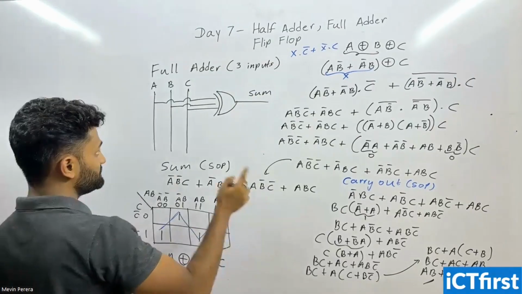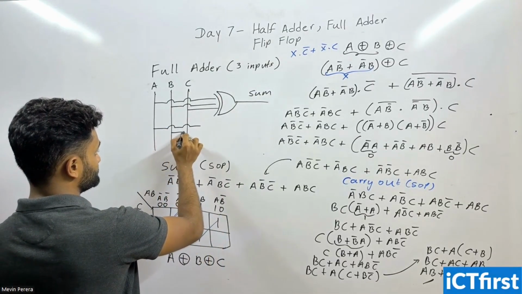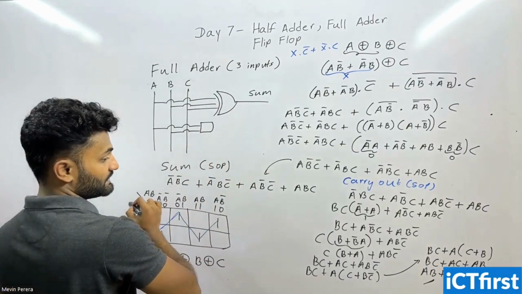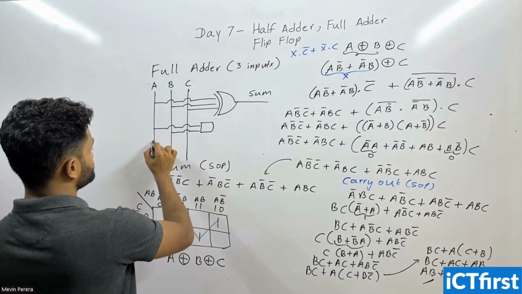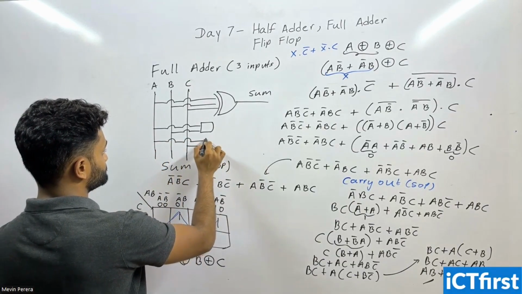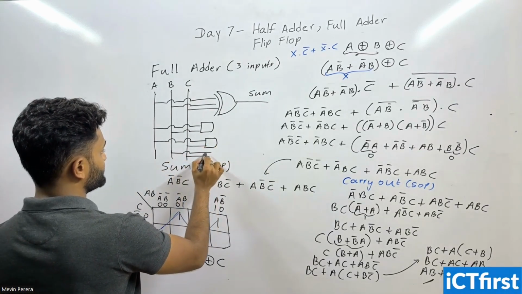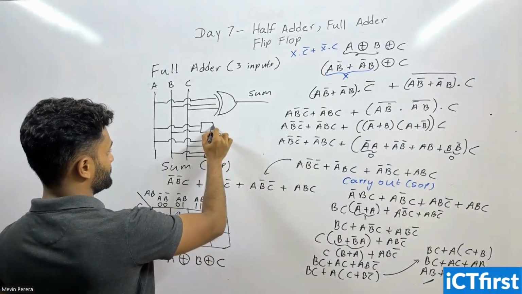Then A, B is going through an AND gate. Then A, C is going through an AND gate. Then B, C is going through an AND gate, right?